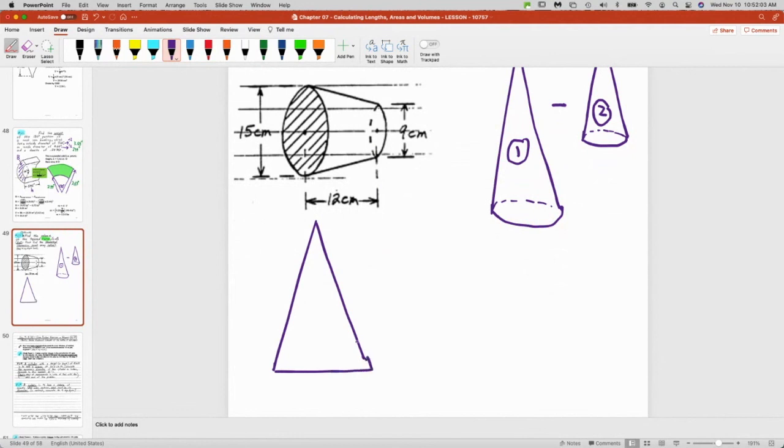These kinds of questions are good for assignments, not so much for tests. But anyway, the height of the cone is unclear, but we do know some stuff here. We know that this is 15. This is 15 here. This is 9.